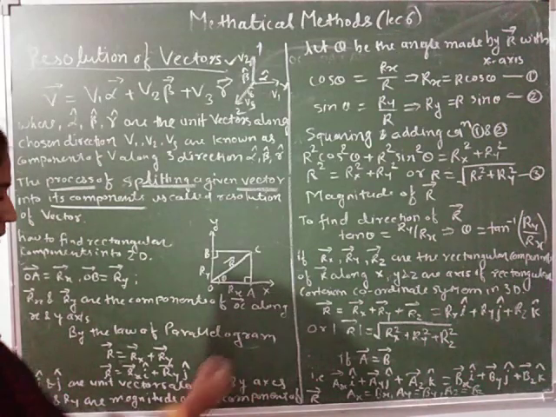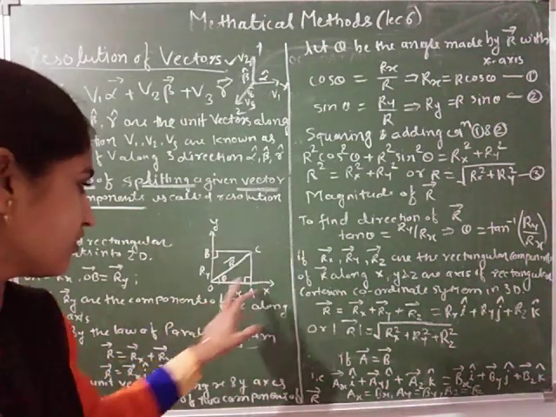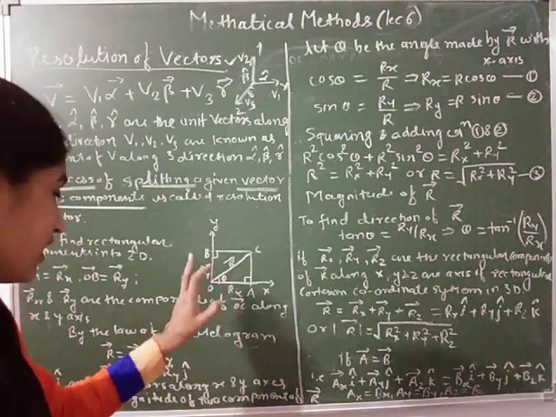Now by the law of parallelogram, vector R is equal to vector Rx plus vector Ry.